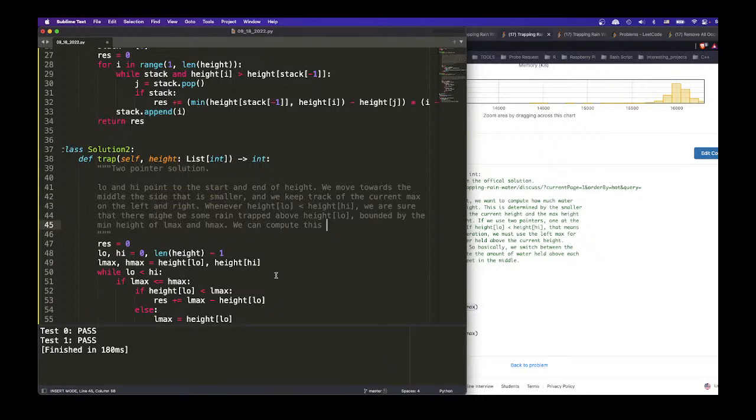Let me think again. So we keep track of the current maximum value on the left, the maximum on the right, and then we keep going. And then whenever something is smaller, and we say we're sure that, yeah, that's my problem. Why are we sure when we had a smaller? We can just use, because we start moving on this side.